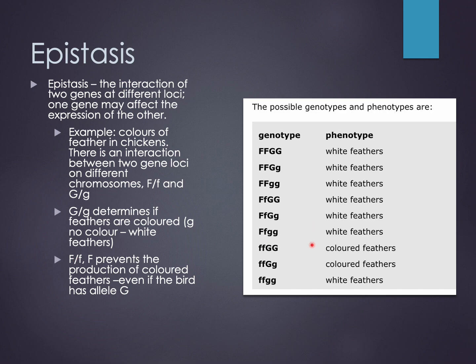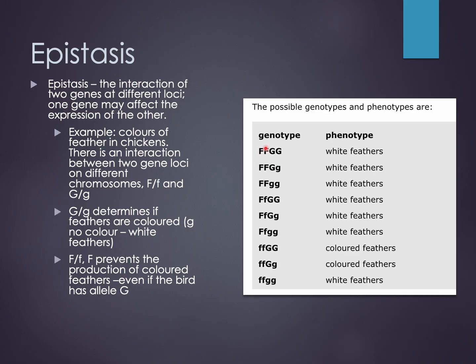So when you look at the possible genotypes and phenotypes, in these first several genotypes, because you have a capital G represented, that dominant G, we would see colors. However, there's the capital F here, which is the allele, the gene that's going to prevent the production of colors.